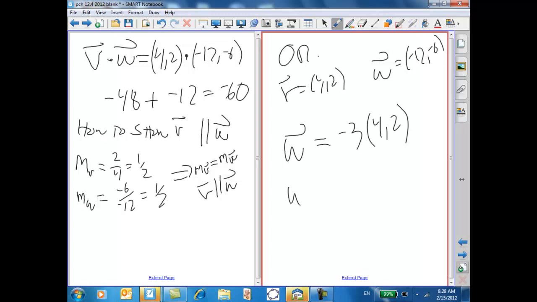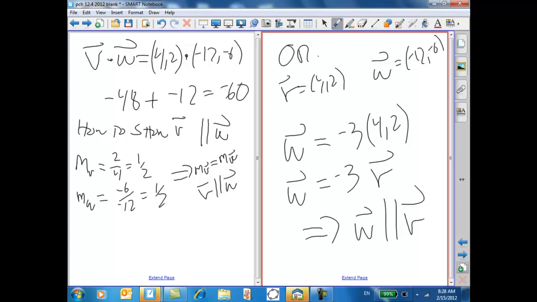And now W equals negative 3 times V. So therefore, W is parallel to V. You can show that one vector is a scalar multiple of the other. And because it's a negative 3, what's this tell me about the directions of V and W? They're opposite. Exactly opposite directions. But still, that means they're parallel.